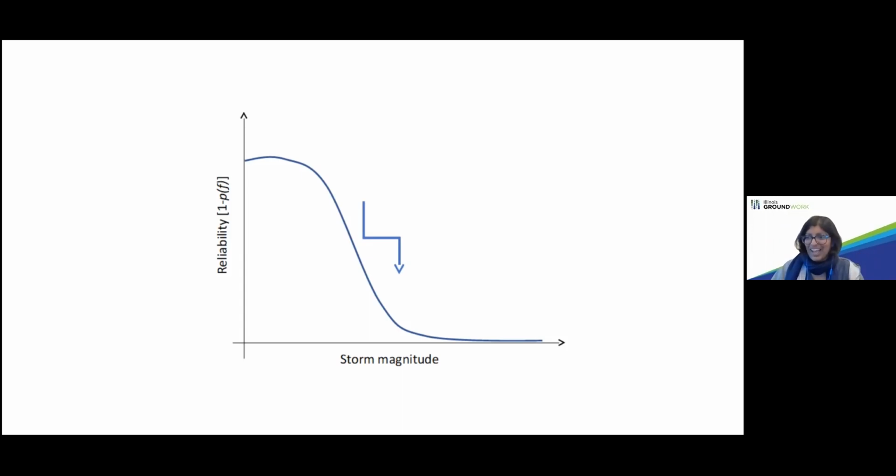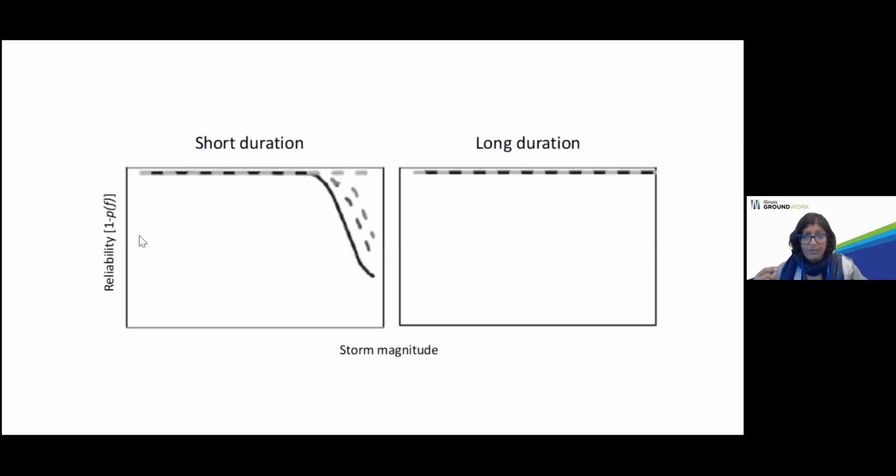So a short duration, high intensity storm that drops a lot of rain in a very short period of time will lead to lower green infrastructure reliability than a longer duration storm of the same magnitude that drops that same amount of water over a longer period of time.